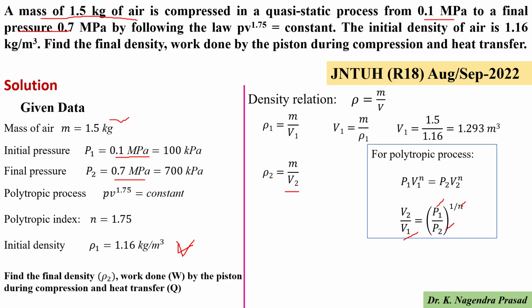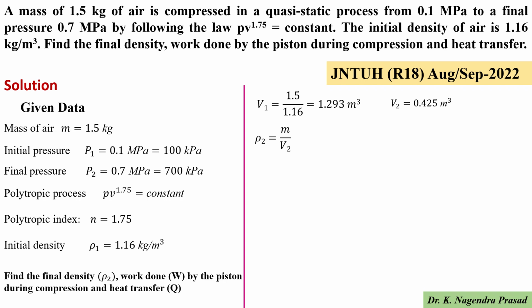Then substitute all these values. Then V2 equal to V1, which is 1.293, into P1 by P2 to the power 1 by n, which is equal to 100 divided by 700 whole to the power 1 divided by 1.75. From this we will get the V2 value as 0.425 meter cube.